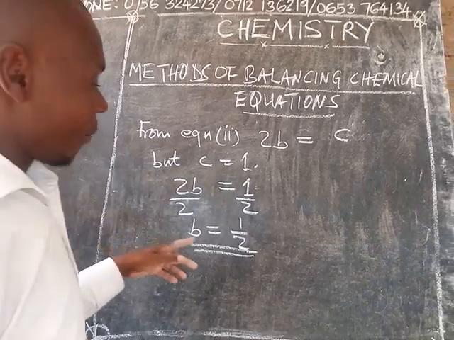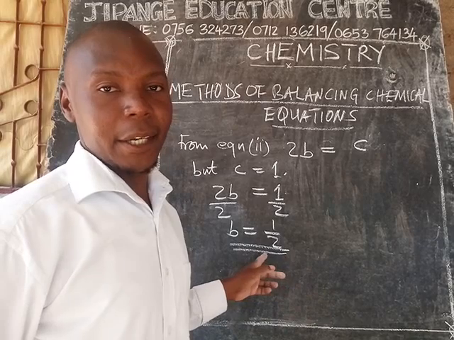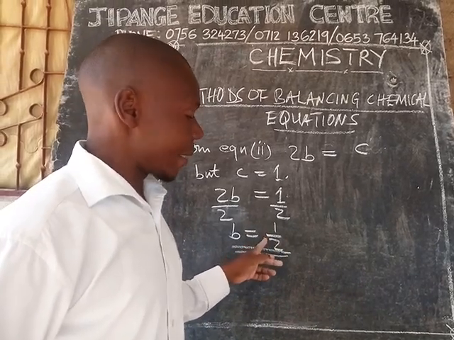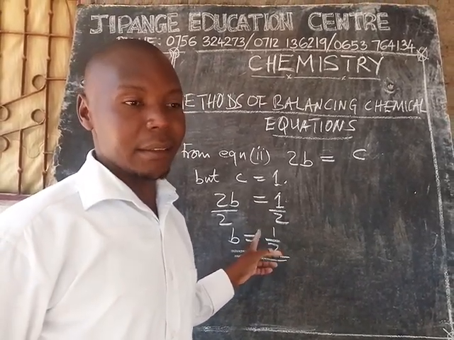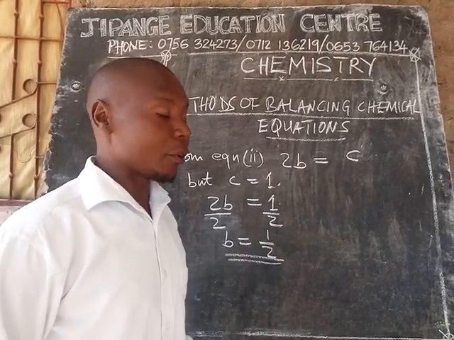So after getting the value of A, the value of B, and the value of C, we have to place these values of the unknowns in their respective positions in the chemical equation.